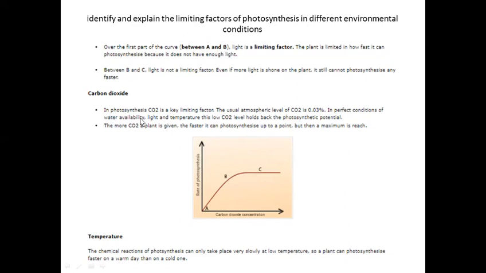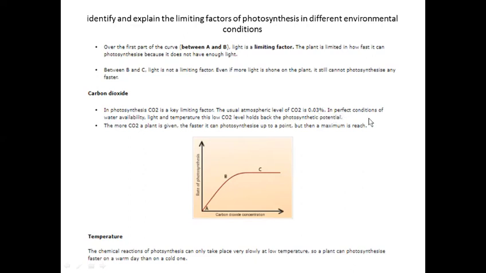Now, carbon dioxide. In photosynthesis CO2 is the key limiting factor. The usual atmospheric level of CO2 is 0.03 percent. You'll see that the percentage of CO2 is mentioned as 0.03%, or in some books it's mentioned as 0.04%. Okay, so just a little difference in the variation of the books.